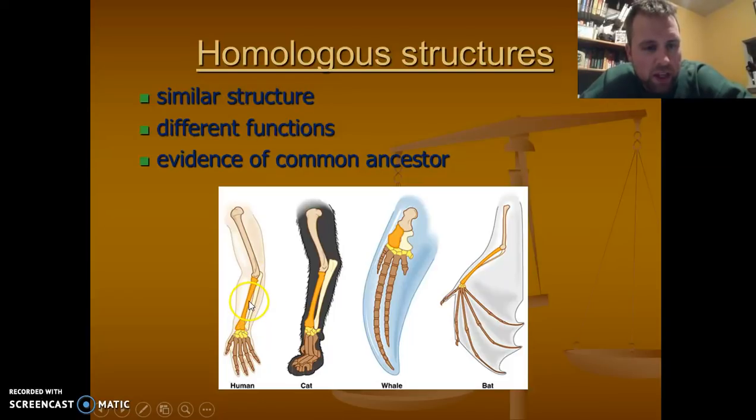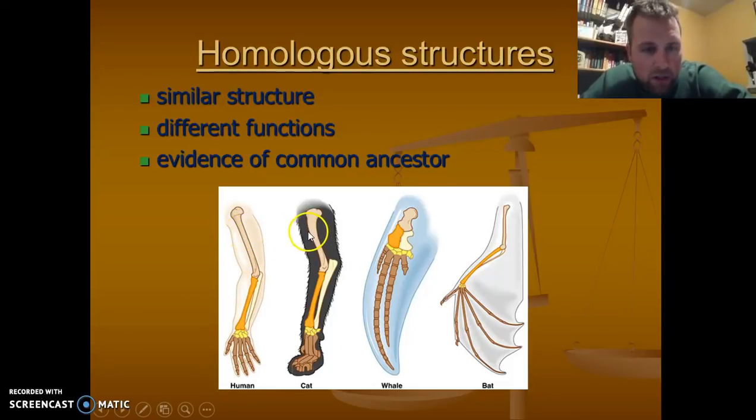The radius is orange. So the forearm on a human has an orange radius. A cat also has that same bone. A whale has that same bone. And a bat has that same bone as well. It's not a coincidence that we all have similar forelimb structures. It's because we have a common ancestor that had these bones.